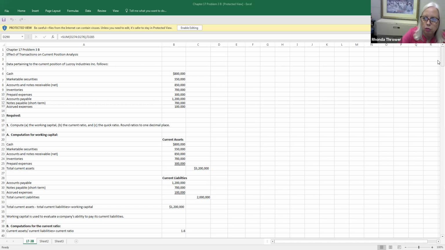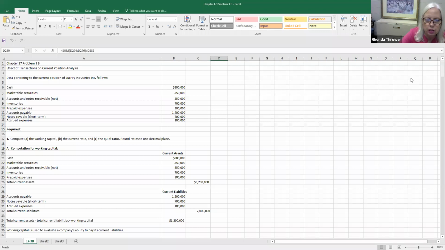When you are analyzing the current ratio, we're going to do basically the same thing as we did before. We've got to figure out the total of our current assets and the total of our current liabilities.